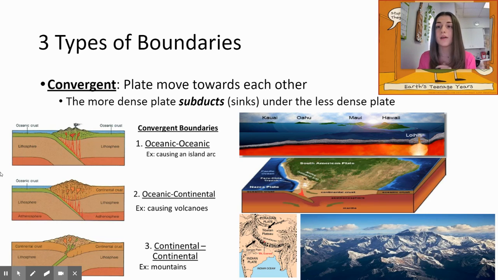So there are three types of convergent boundaries. Now the first one that we're going to go over is oceanic and oceanic. So this is where two oceanic crusts collide.